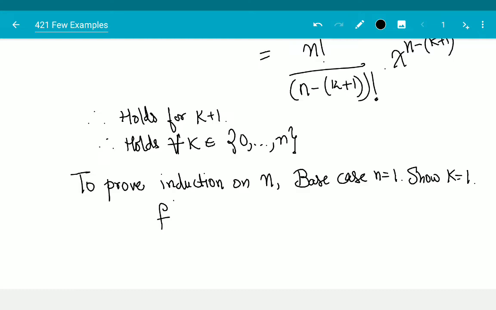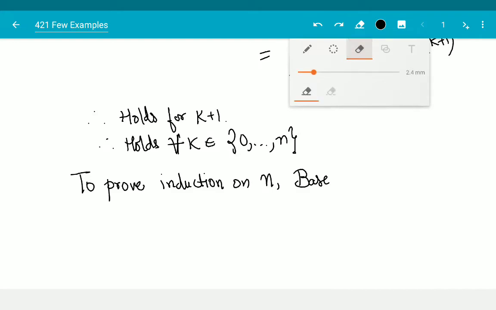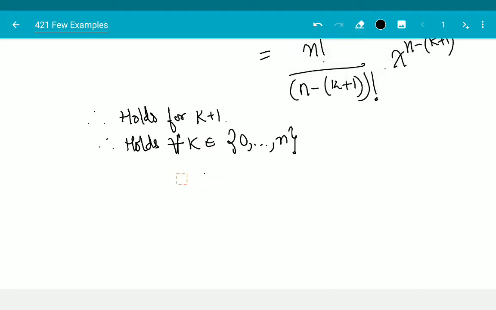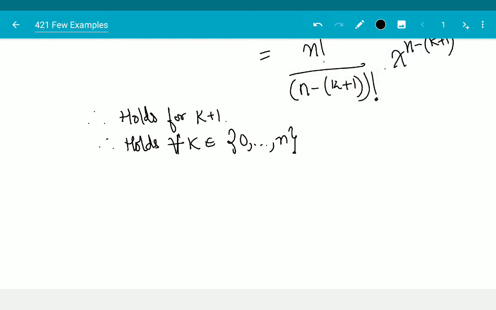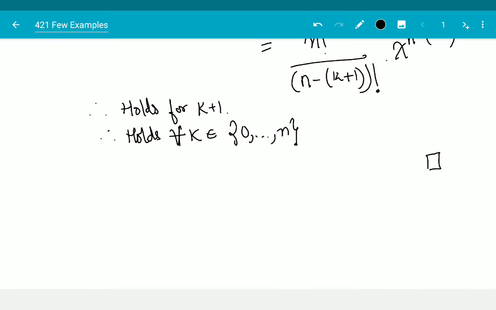I'm not going to show this. This is really trivial. We have already shown that the first derivative of x to the n is n x to the n minus 1, and then you can just take the k-th derivative. That would be enough to show everything. Okay, so I'm not going to show it for that.